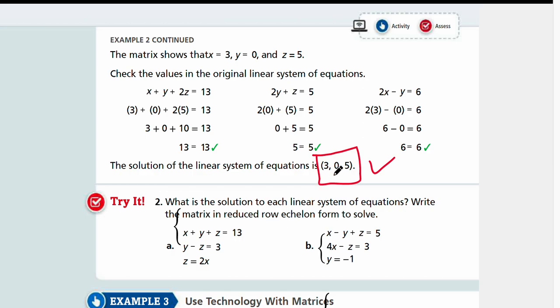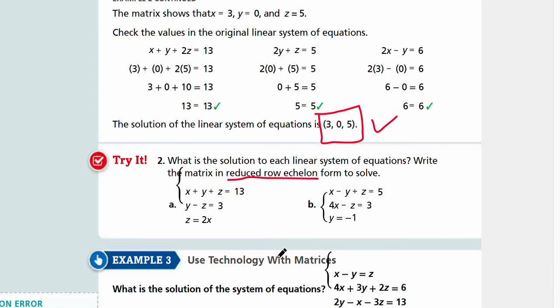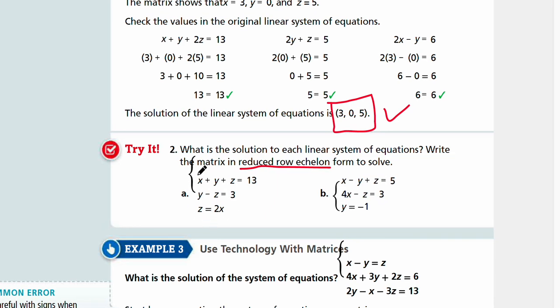Okay, are you ready? So you're first gonna write the augmented matrix, and then you're gonna write the matrix in reduced row echelon form to solve. So what's your first augmented matrix when you convert this system of equation for part A? You see 1, 1, 1, 13, and then there's no x on the second equation, so 0, 1, negative 1, 3.